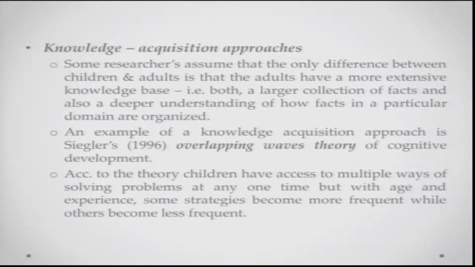An example of a knowledge acquisition approach is Siegler's overlapping waves theory of cognitive development. According to Siegler's theory, children have access to multiple ways of solving problems at any one time, but with age and experience, some strategies become more frequent while others become less frequent. You can observe this in children: their way of interacting with the environment changes with age.